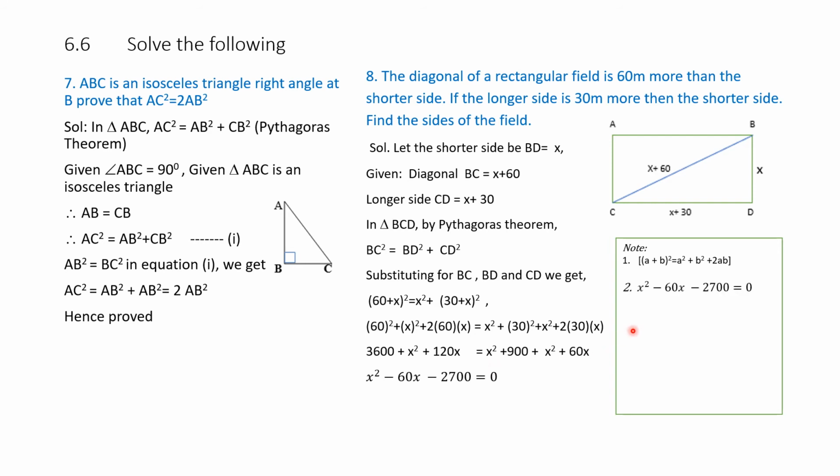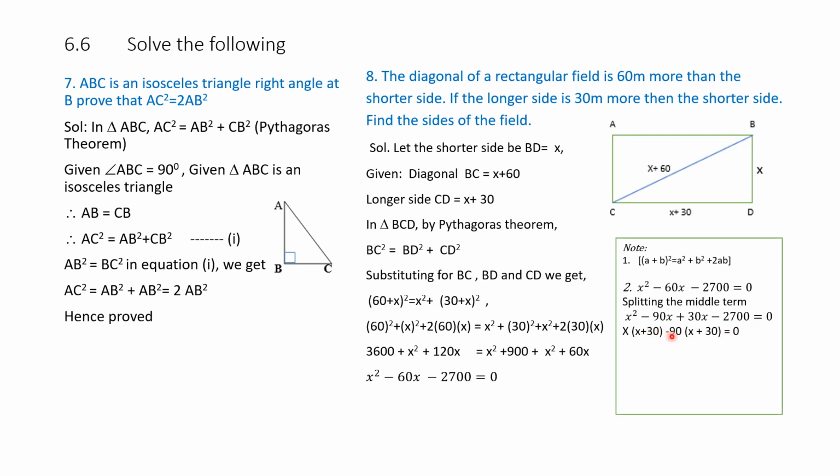Let us solve it. We have written the same equation inside the text box. Therefore, splitting the middle term for factorization, minus 60x can be written as minus 90x plus 30x. Therefore, x square minus 90x plus 30x minus 2700 equals 0.